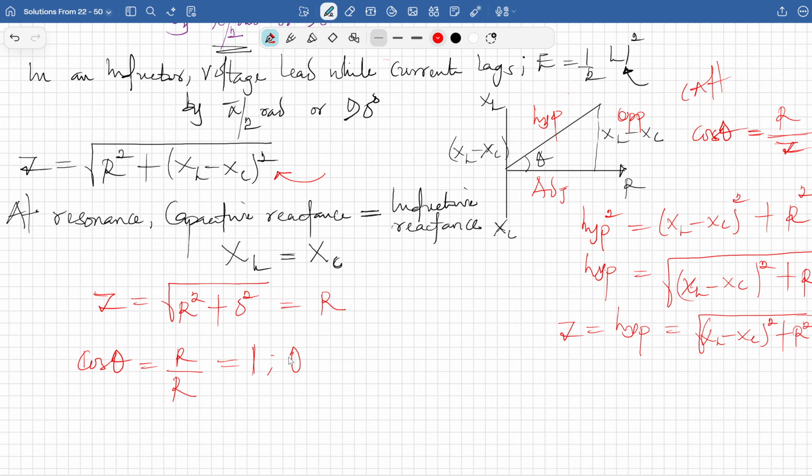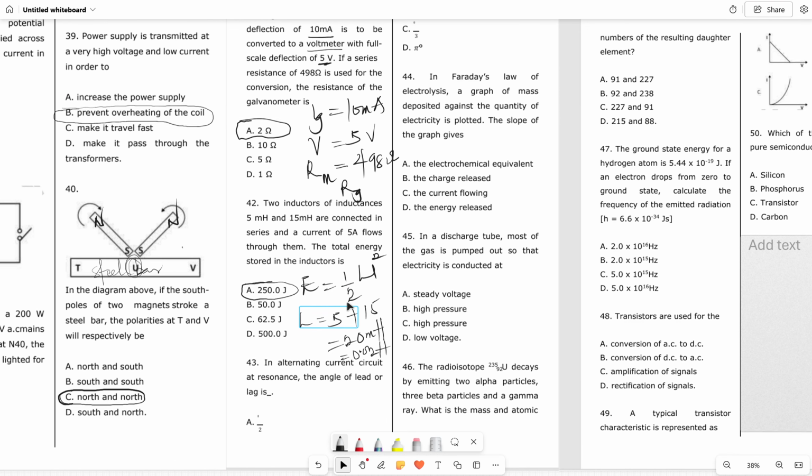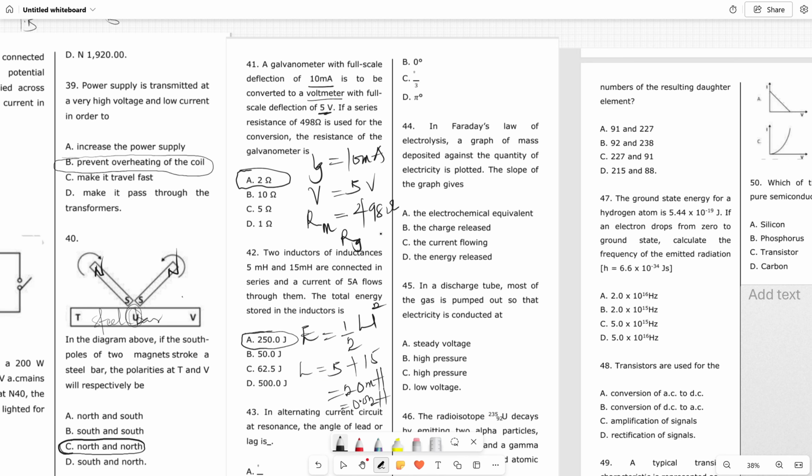So to get the theta, theta is equals to inverse cos of 1, which is equals to 0 degree. So that is at resonance. You need to take note of that. It's quite common.